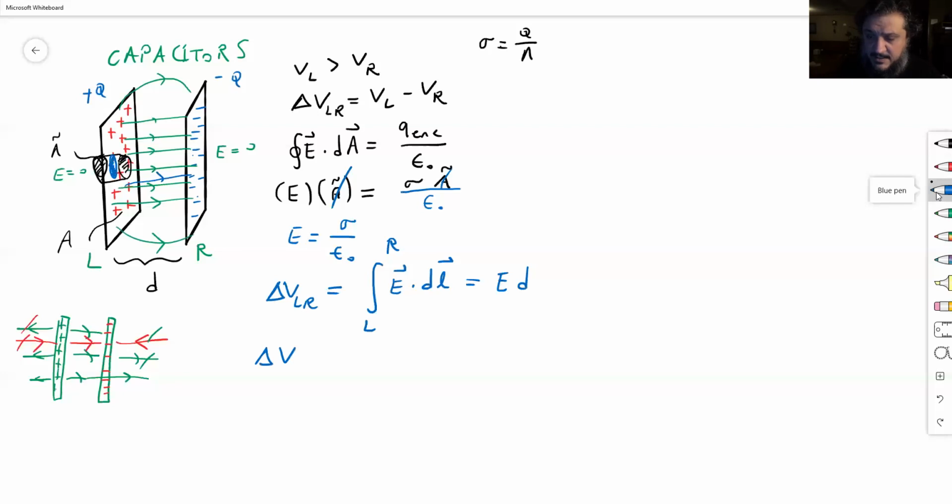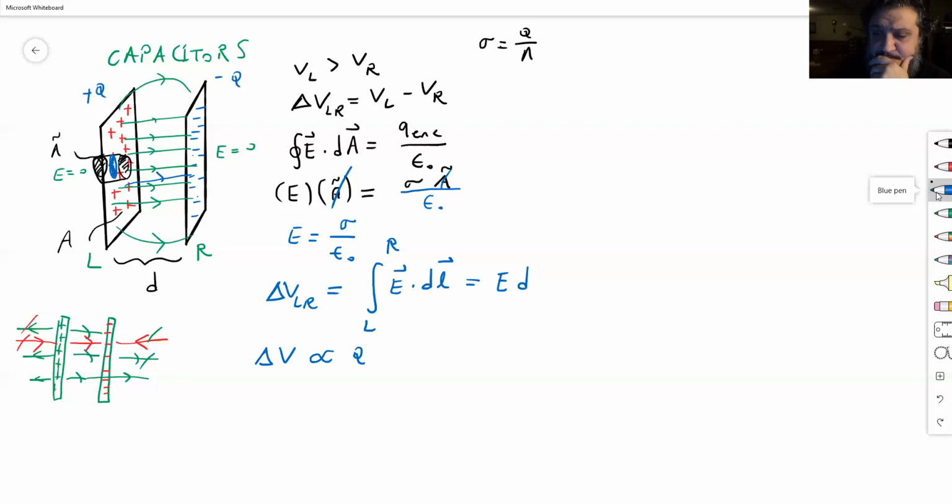Delta V and the charge are proportional to each other. And that's a linear relationship. If I double the charge, I'm doubling the potential difference. So why don't I come up with a constant which would help me to write this proportionality as an equality, right?